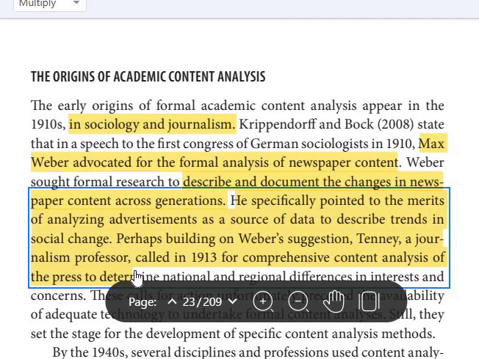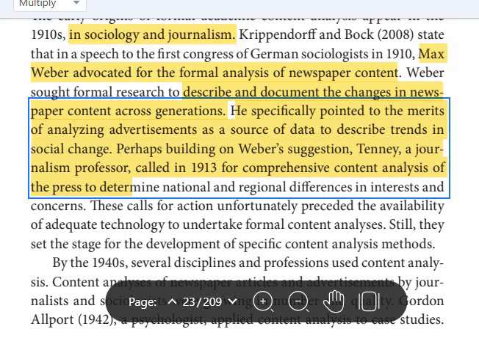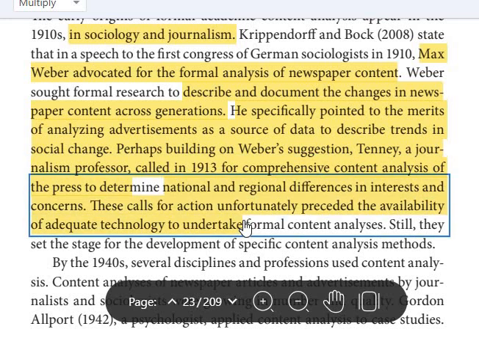He wanted to describe the trends in social change; this was his objective. He wanted to determine the national and regional differences in the interests and concerns of people, and to see how people differed across ages and generations.